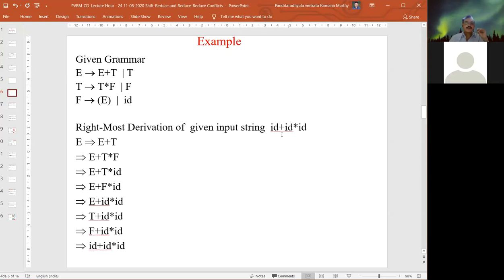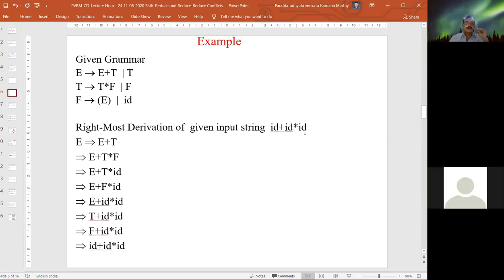The given input is id plus id into id. We start with the first production E derives E plus E. We apply the rightmost derivation by replacing each terminal or non-terminal at the rightmost position, and finally we reach our required input string.